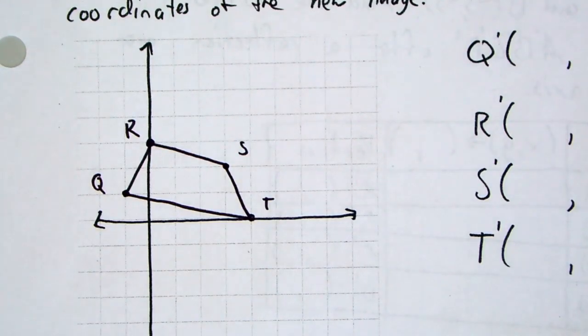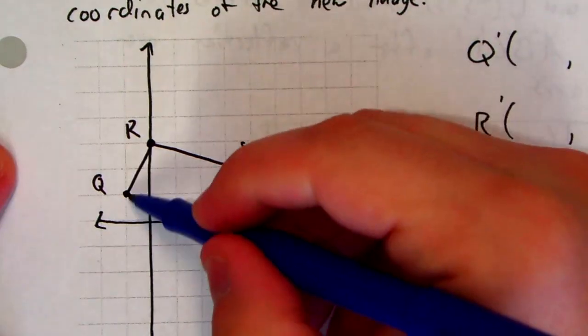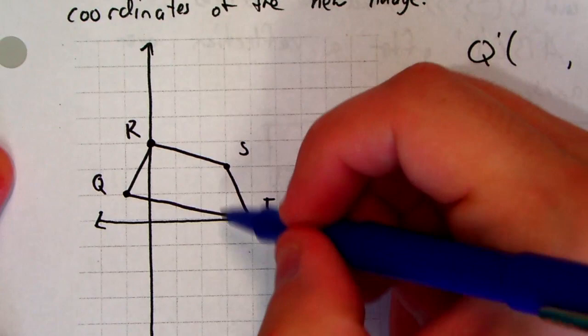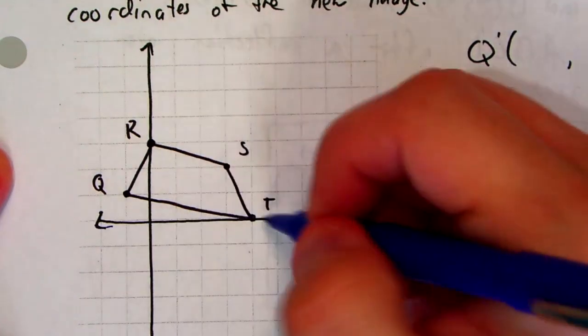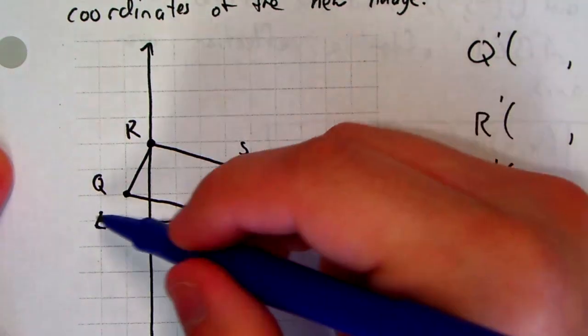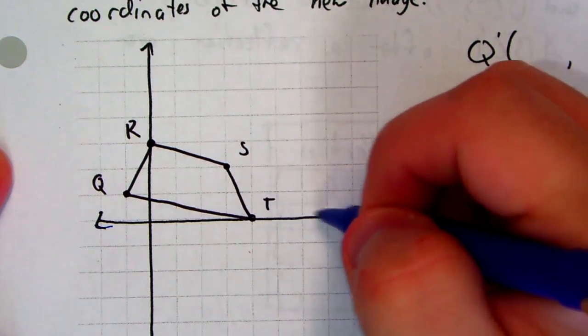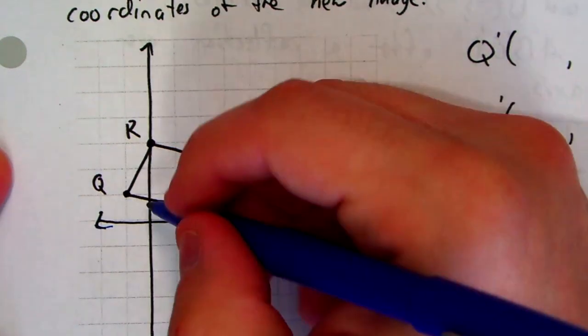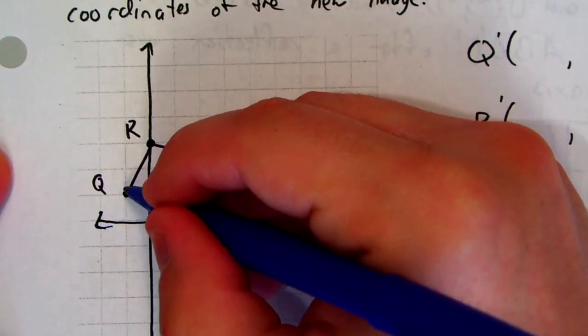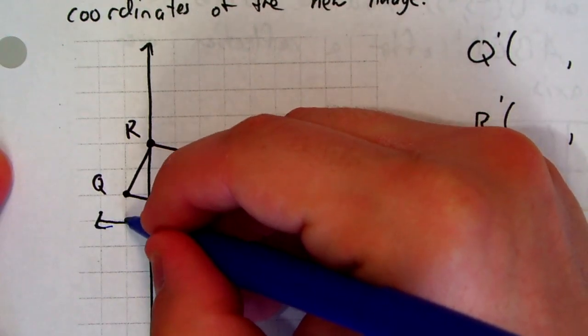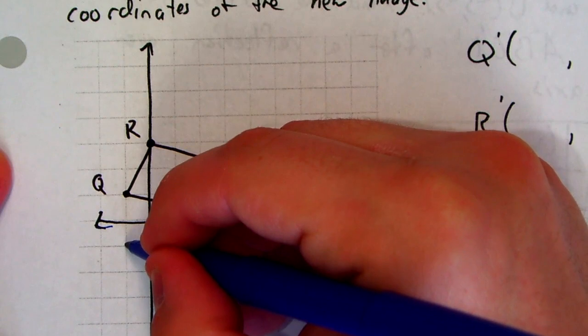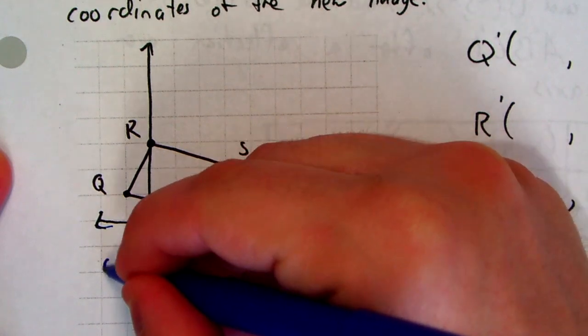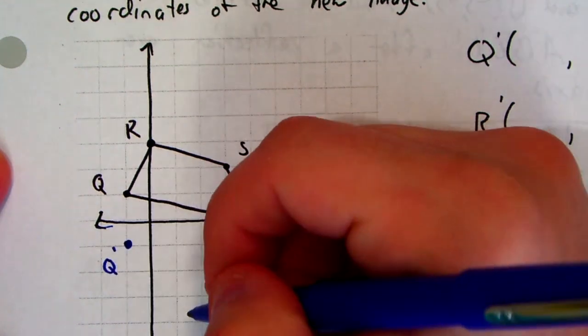So now when I draw my reflection, what I want to do is see how far away each of these ordered pairs is from the line I'm reflecting over, which happens to be the x-axis, and then go in the opposite direction. So Q is up 1, which means Q prime is going to be down 1. So that's Q prime.